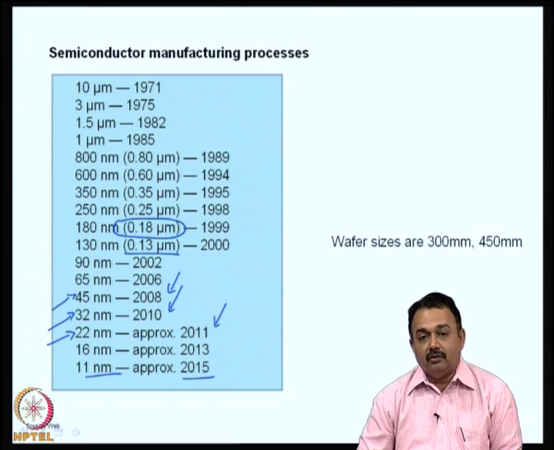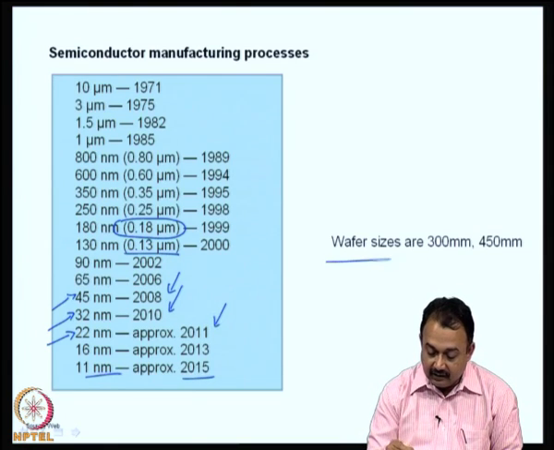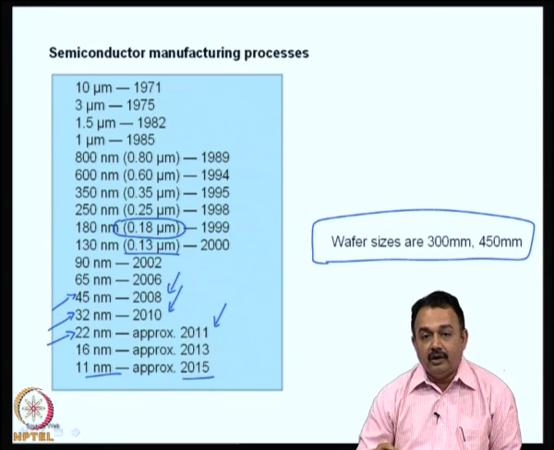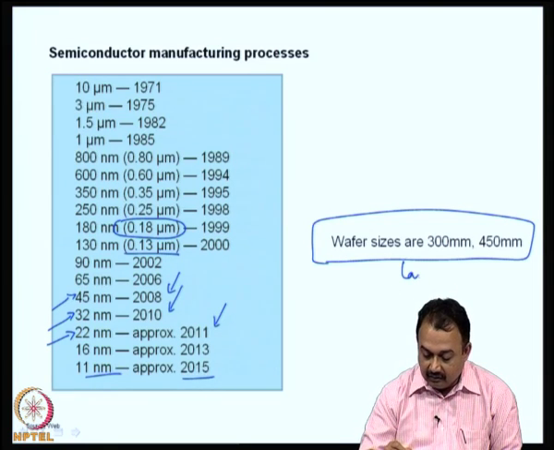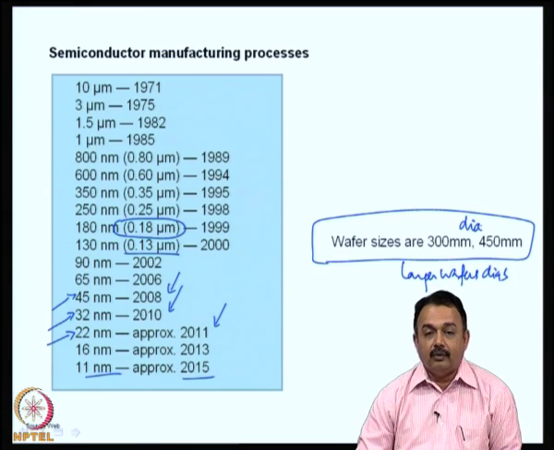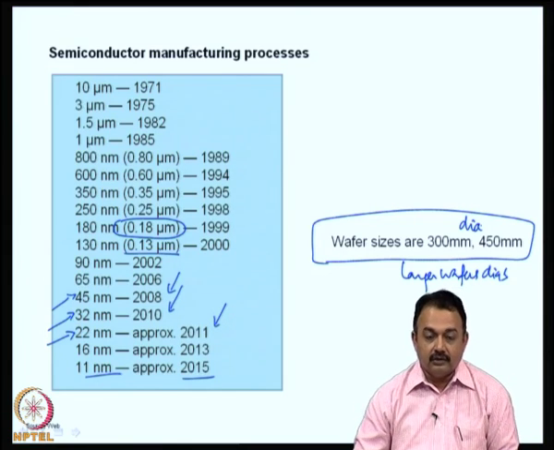So, that is the kind of growth that we have seen, and wafer sizes I mentioned time and again, we are going into larger wafers, dias. This is the diameter of the wafer, so that you can accommodate more chips.